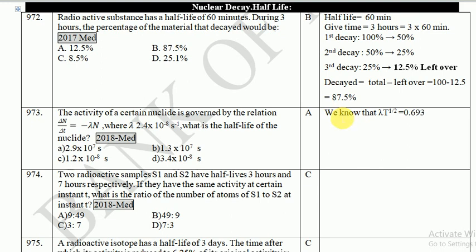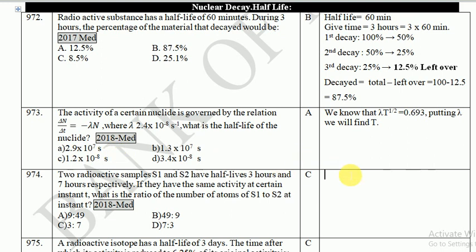I am a little confused about that. So lambda is equal to 0.693. So from this equation, putting lambda, we will find t. So just solve it, and option A will be correct according to them.